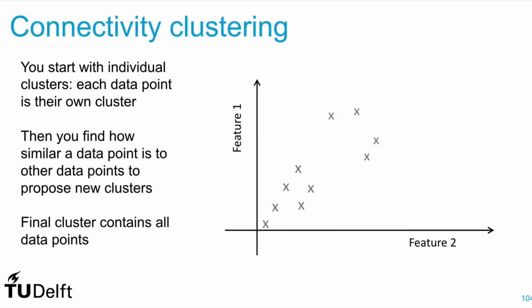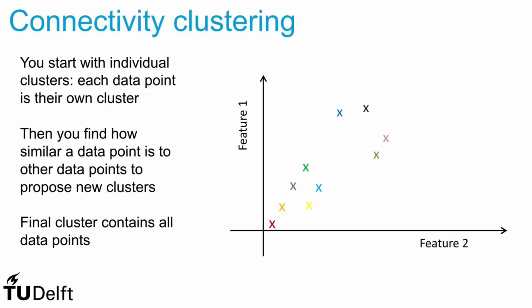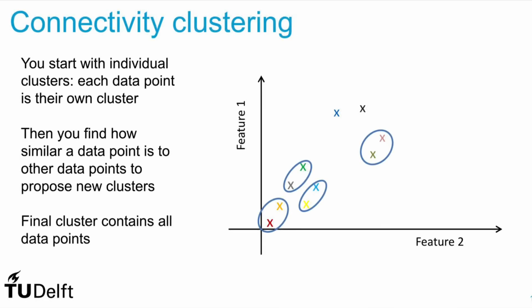Let's now check the last family of methods, connectivity clustering. In this case, you will start with individual clusters. That is, each point will belong to its own cluster. Then you will find how similar a data point is with respect to the others, and you will compare the distances with each other till 2 points are near to each other, so you can propose to merge them into one new cluster.